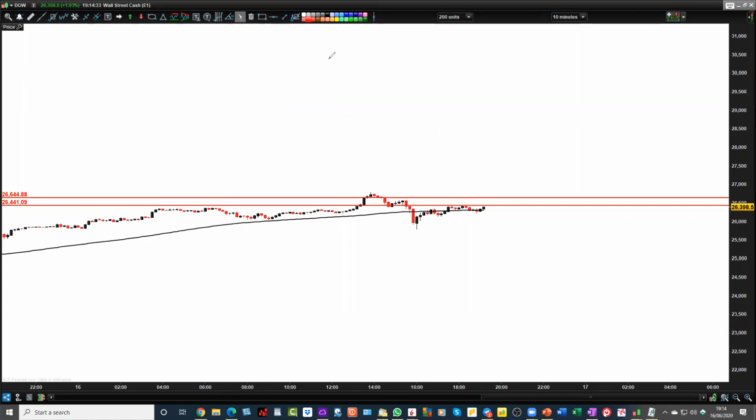But because of the extra volatility we've got now, I will specify whether I'm taking a half size or a full size position on a trade. I do vary that depending on the scale of the volatility. This is quite a volatile day, so I was suggesting half size positions on a day like today.